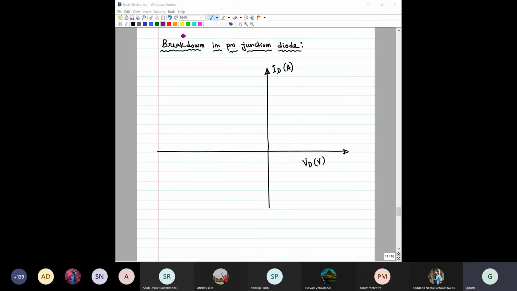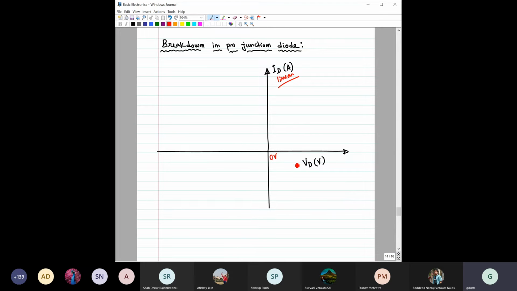Okay, so you see from here, now we are trying to give a bit more focus to the reverse bias. Again, we are plotting in linear scale here, the y-axis, the current. And this is the forward bias. So obviously this is 0 volt.